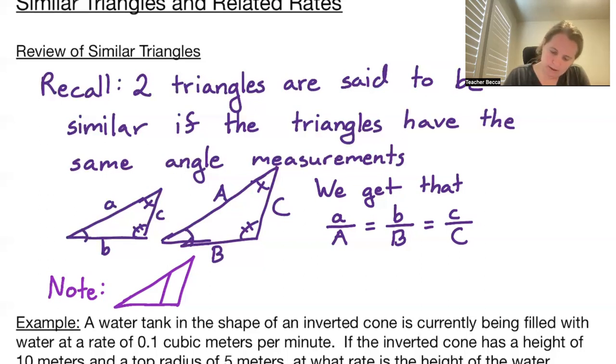So as long as these are parallel, right, then we get that this inner triangle is similar to the outer triangle.